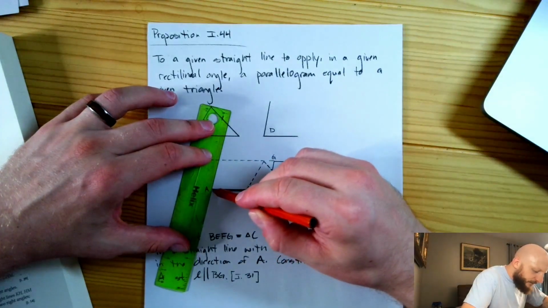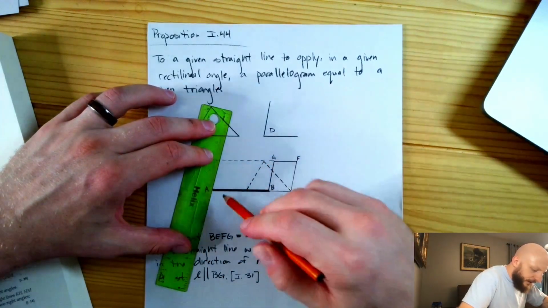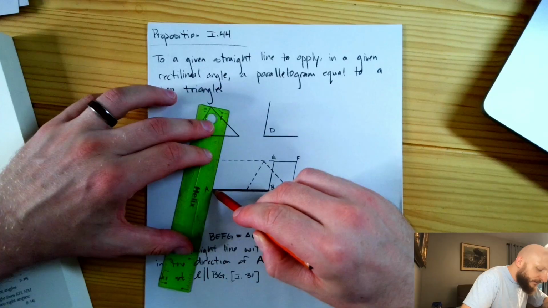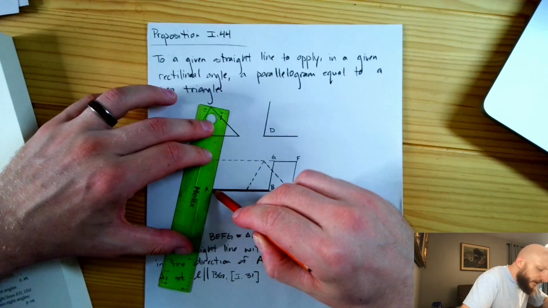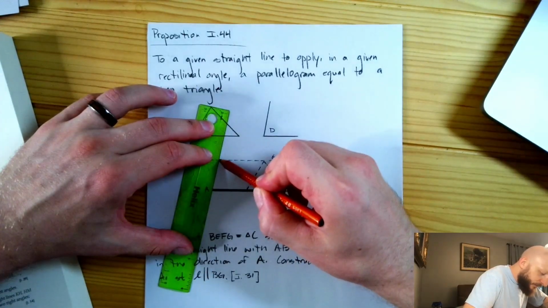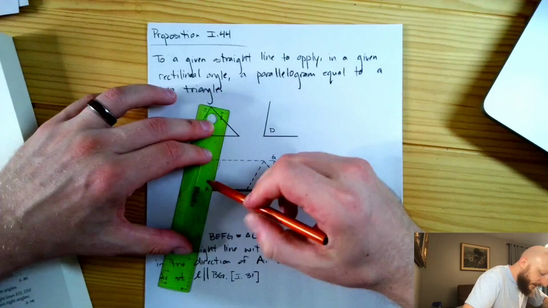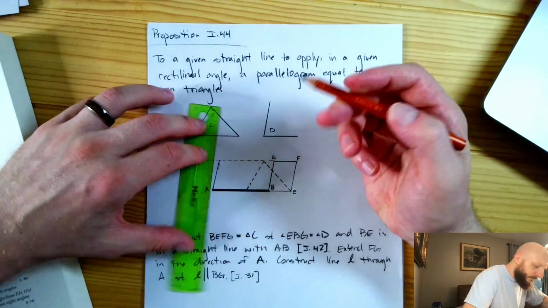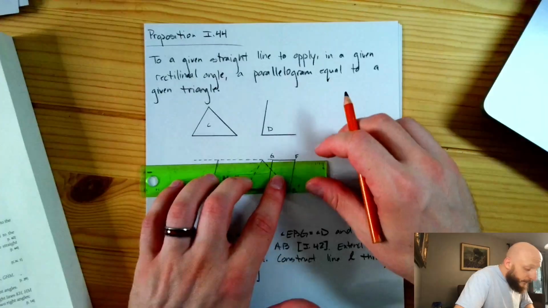And then now I'll construct this line L that passes through A and is parallel to BG. And I'll just eyeball it. That looks roughly parallel to me. So we'll say about like this, yeah? Maybe a little bit further over. That's about good. Yeah, nice. There it is.